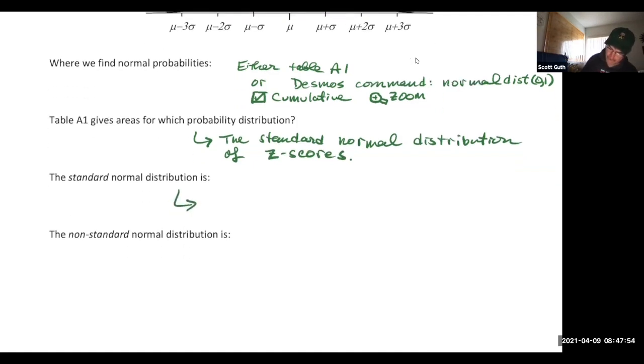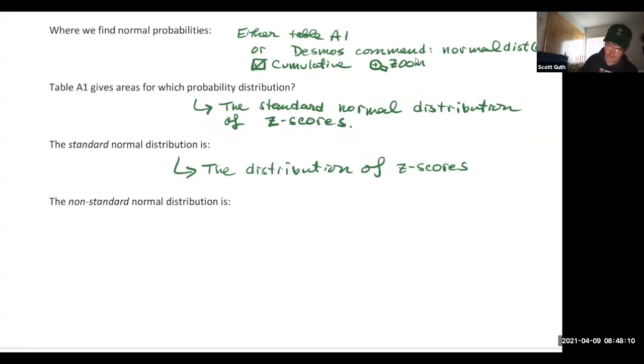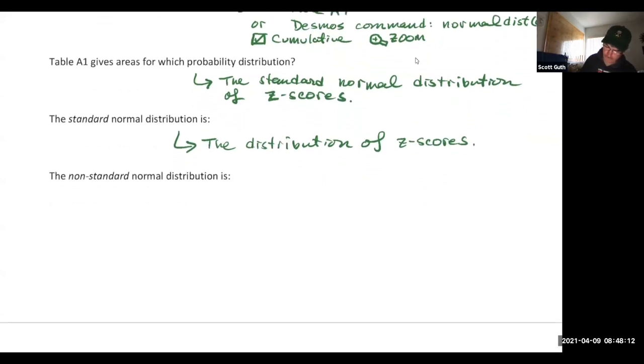The standard normal distribution is the distribution of z-scores, so it's a little redundant. And the non-standard normal distribution is any distribution that's normal.